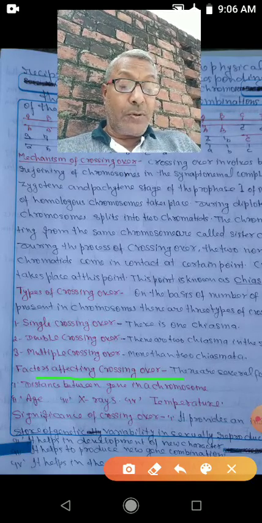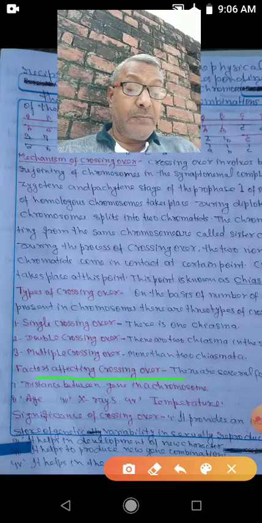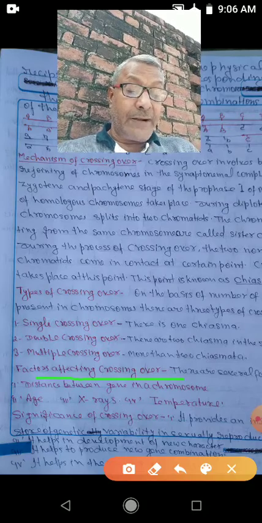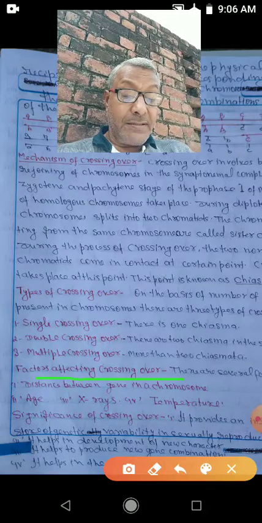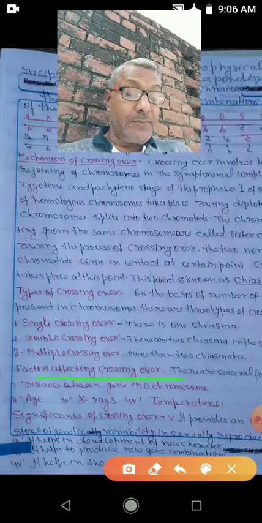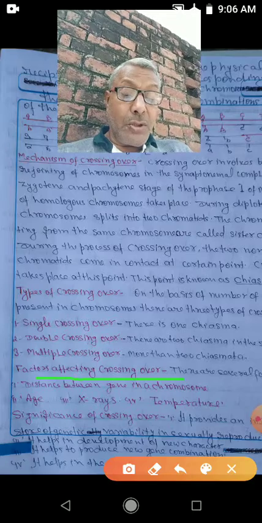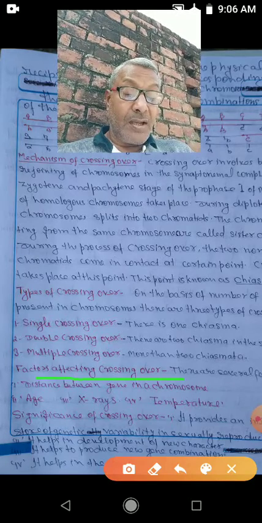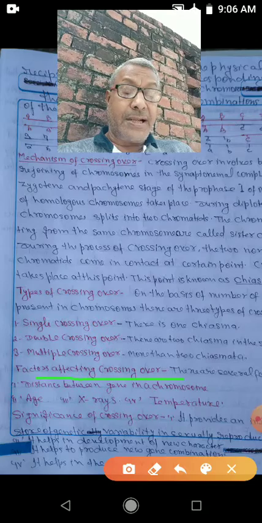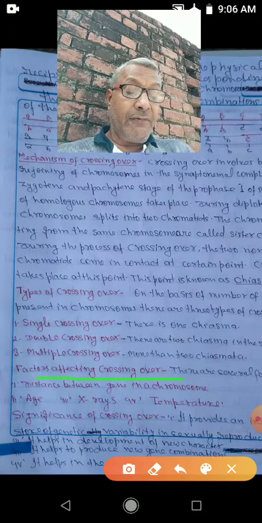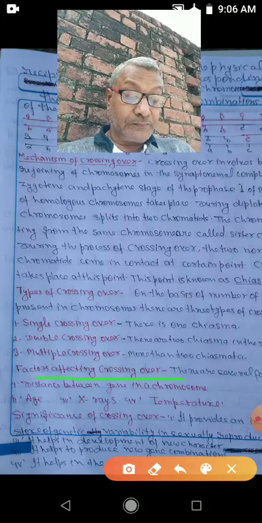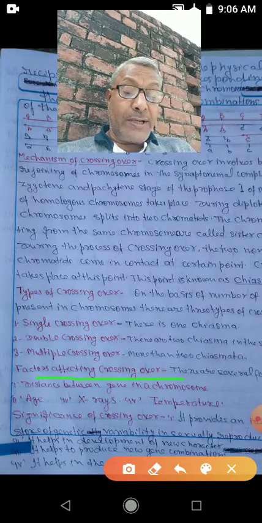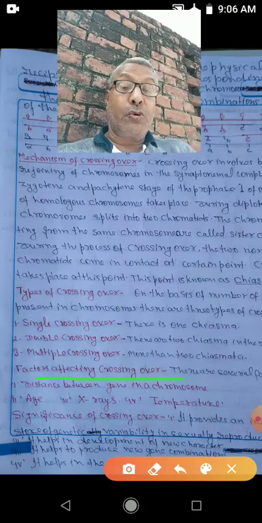Second is it helps in the development of new characters. Third is it helps to form new gene combinations, and this formation of new gene combinations is very important in microevolution. And last point is the crossing over is helpful in the mapping of chromosomes.